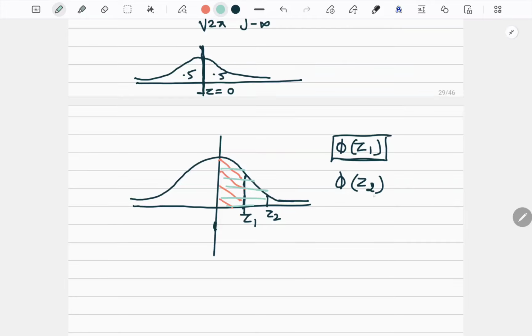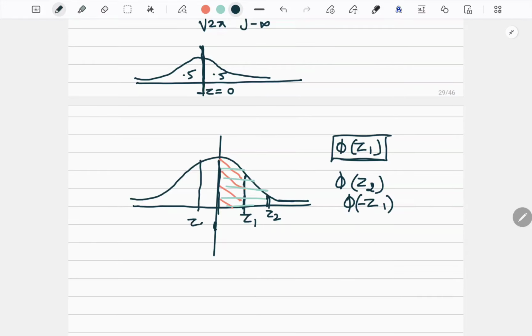So whenever I say phi(z1) or phi(z2), it starts from this line and goes to that particular point. If I say phi(minus z1), minus z1 will be here and I will be talking about this area. And since it is always symmetric, phi(z1) and phi(minus z1) are always the same.